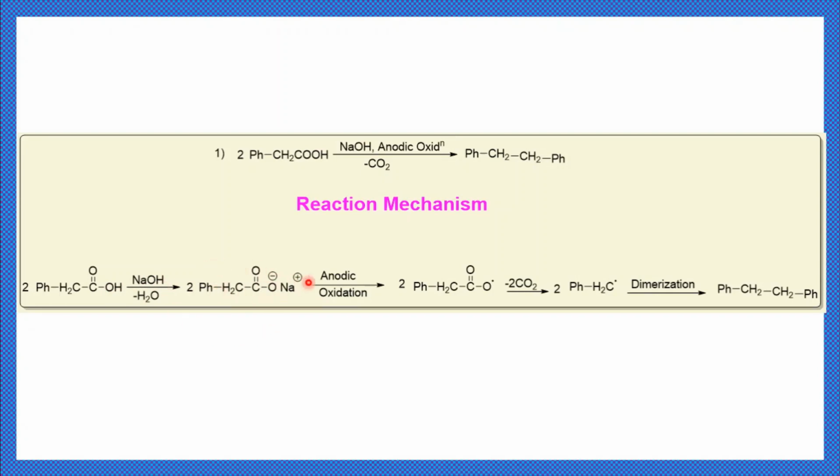Then this salt undergoes anodic oxidation. You will get this PhCH2C=O radical. Then the next step is the decarboxylation reaction.